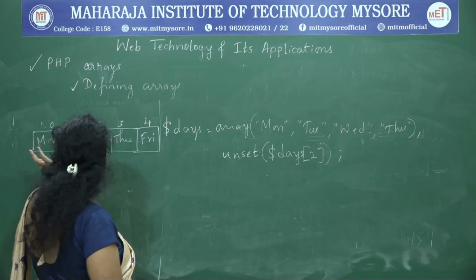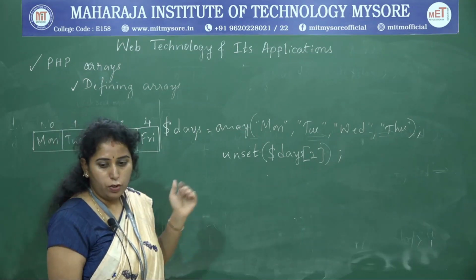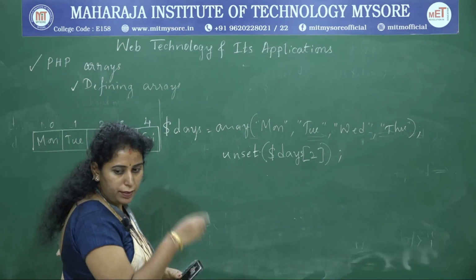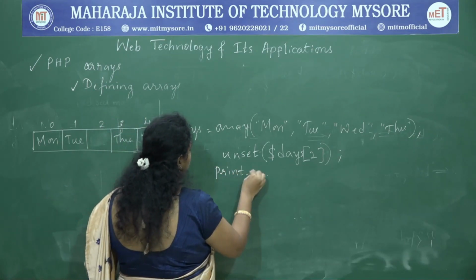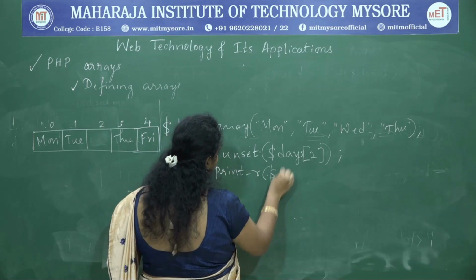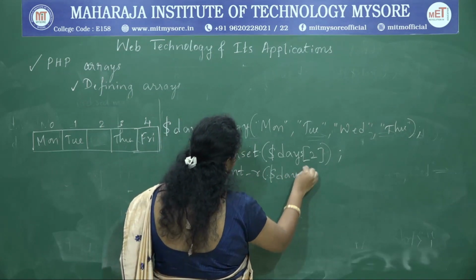So how to print? Let me take up an example, calling a function called print_r to print the elements of an array.